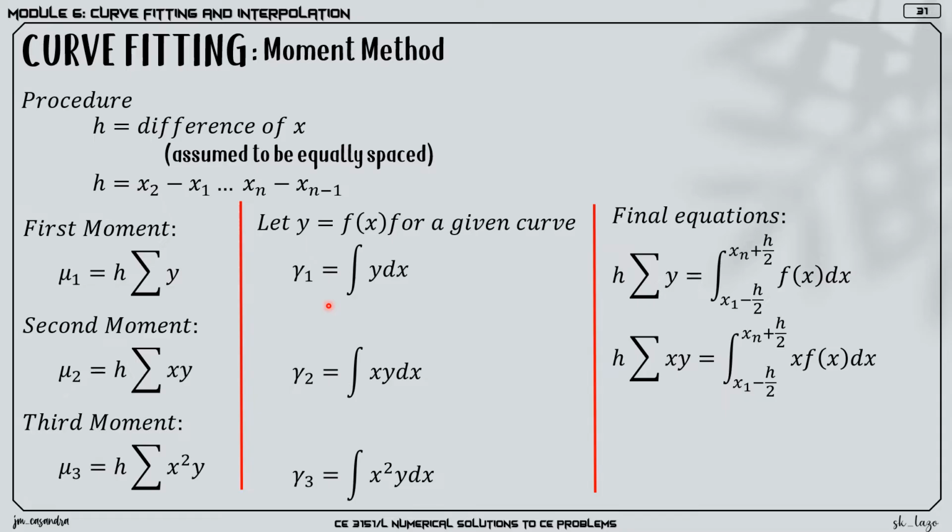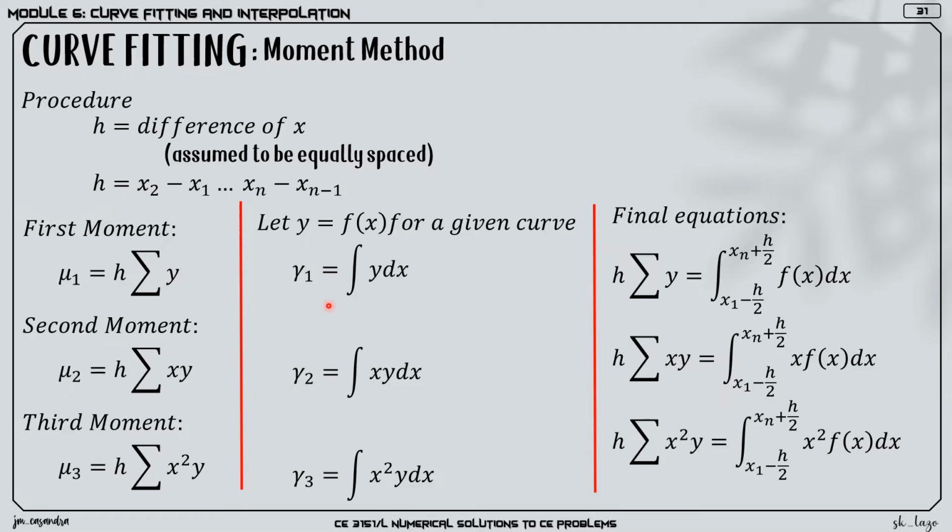And lastly, for the third moment, that will be h times the sum of x squared y equal to the integral of x squared times f of x dx from the lower limit x sub 1 minus h over 2 to the upper limit x sub n plus h over 2.